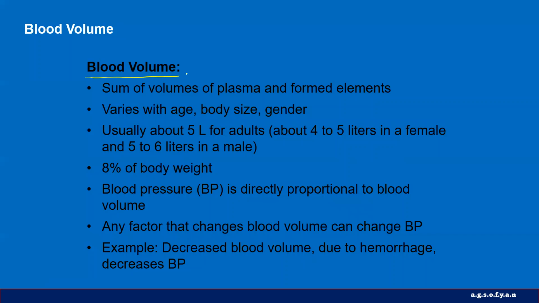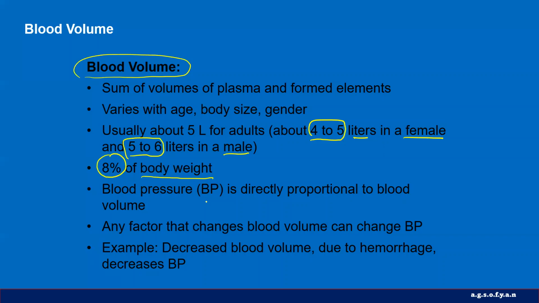Okay, the blood volume. Remember, the blood is actually about 8% of our body weight. So 8% of our body weight comes from the blood. For adults, usually around 4 to 5 liters in females and 5 to 6 liters in males. So males actually have more blood compared to females.